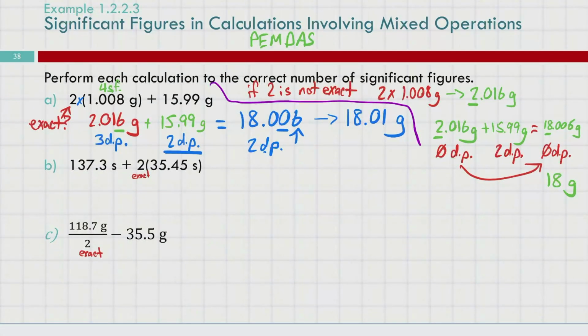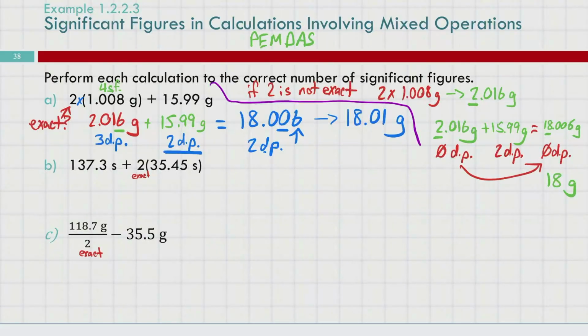In B, what are we doing first here? Parentheses. We've got just a number in parentheses, so we don't have to do anything with that. What do we do next? Multiply. What are we multiplying?